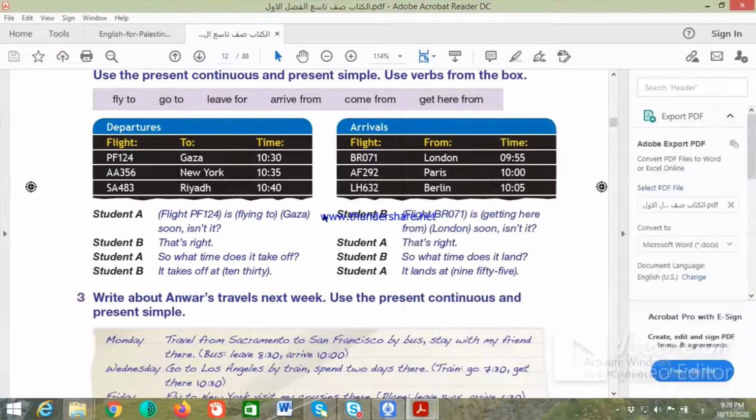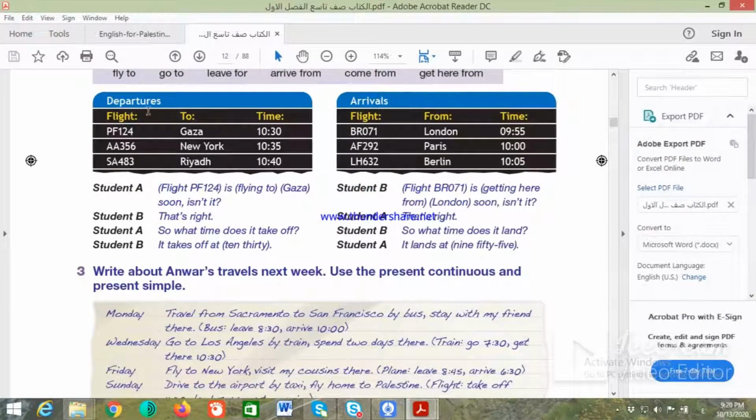The schedule here: departure, مغادر, arrivals, القادم. Departures المغادرين, arrivals القادمين. Now flight to time. Flight يعني خروج الطائرة, to ذهابها إلى أو محطها, time الوقت.